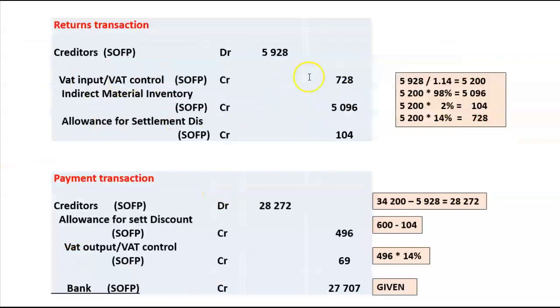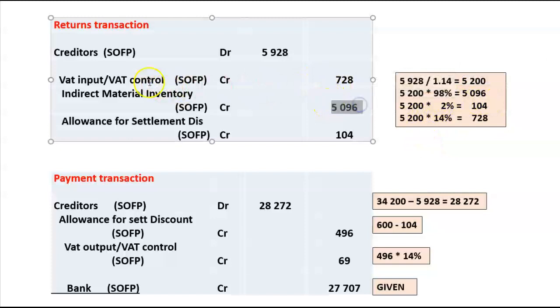Then we received the credit note. The credit note was for 5928. If we take the 5928 divided by 1.14 gives us 5,200 Rand. 5928 less 5,200 gives us our VAT of 728. So VAT control, credit 728. Then if we take our VAT exclusive amount, 5,200 times 98%, that gives us 5,096.